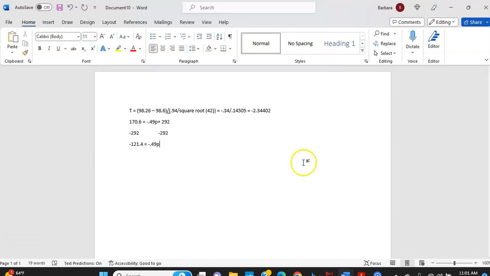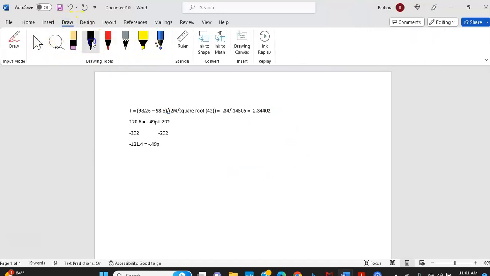And now we just want to divide out the negative 0.49 on both sides. I'm just going to use this little draw feature. I apologize, I'm a little slow writing with my mouse, but we're going to get P is whatever that is when we plug it into the calculator.